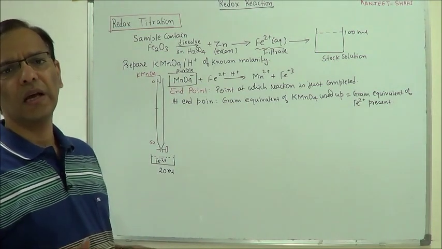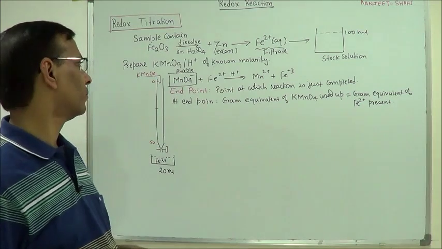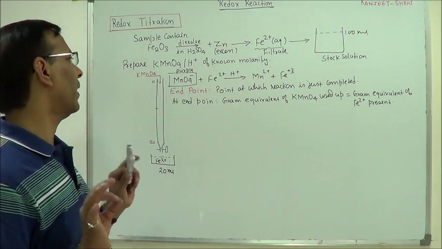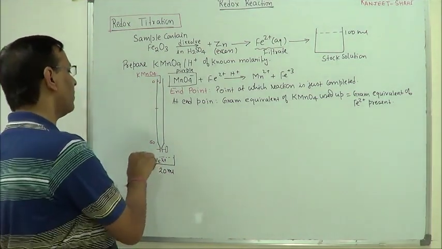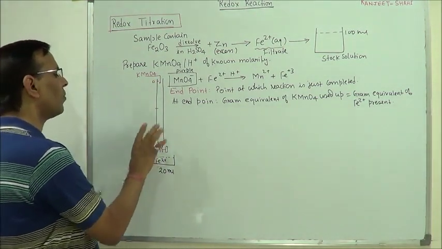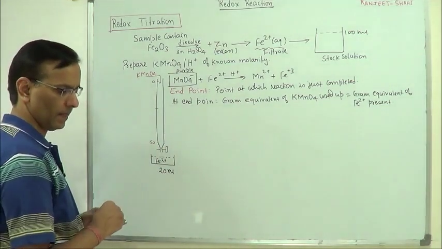So it is highly intensely colored, but the color is due to permanganate ion. So had there been no reducing agent, addition of one drop of permanganate would have made this entire solution purple.